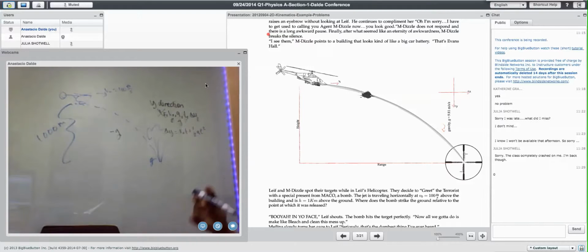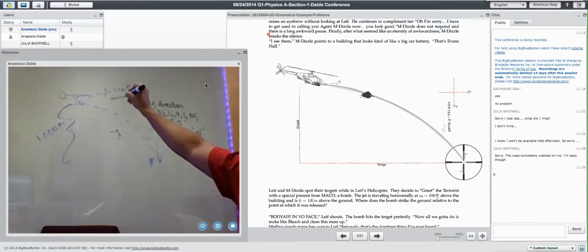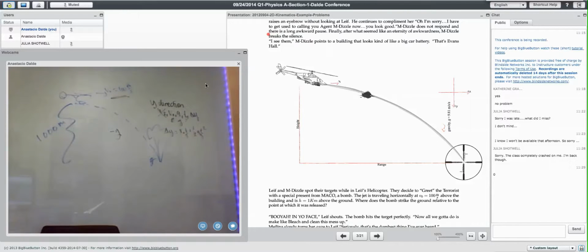So technically, I should have a little subscript y over here and a little subscript y over here. Which means this is the velocity initial in the y direction times time. Because the velocity initial in the y direction is different from the velocity initial in the x direction. Velocity initial in the x direction is 100. Velocity initial in the y direction is 0. Am I making sense here?